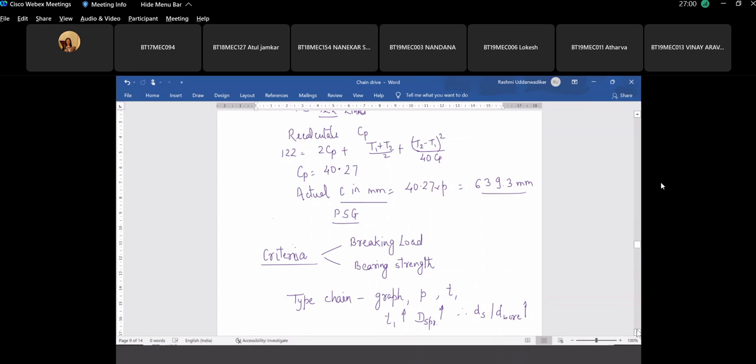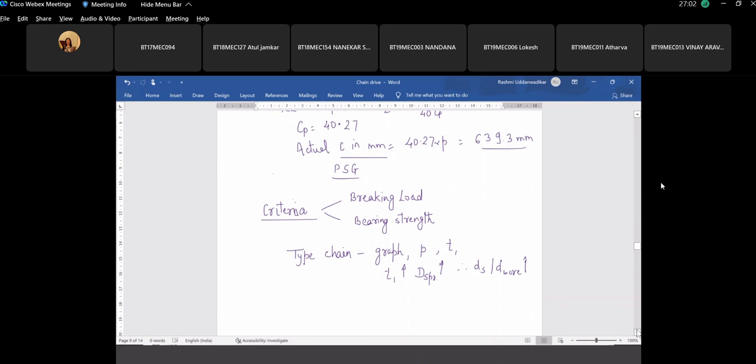If you go for a lesser number of teeth or a smaller number of teeth, whenever you are stuck up with graph wherein you are getting number of teeth either as 19 or 21. So if you select 21, then the diameter of the sprocket is also larger, and this is definitely greater than the bore diameter. That you have to ensure.